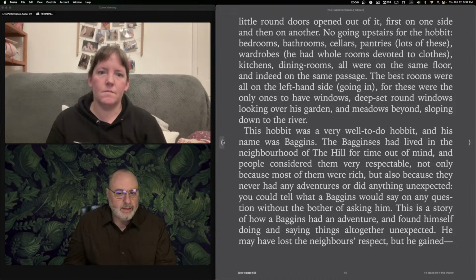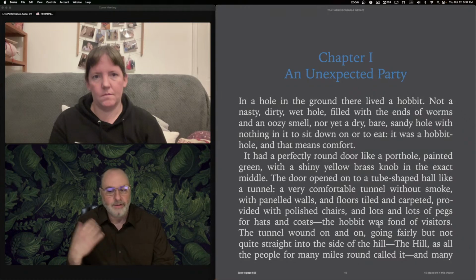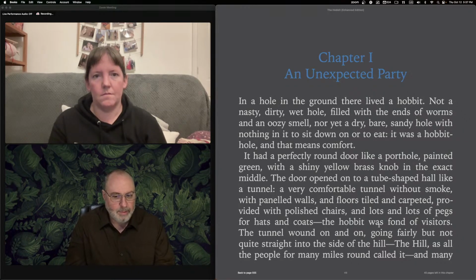And even the verbal description of things like paneled walls and floors tiled and carpeted, provided with polished chairs and lots of pegs for hats and coats. When we're reading that paragraph, which is a long paragraph, we spend some time there, right?